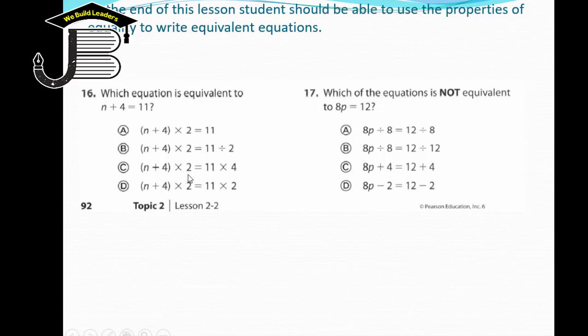In the third one, he multiplied the first side by 2, but he multiplied the second side by 4, so it's wrong. In the last one, he multiplied both sides by 2. As you can see, we multiply both sides by the same number, so it is correct.